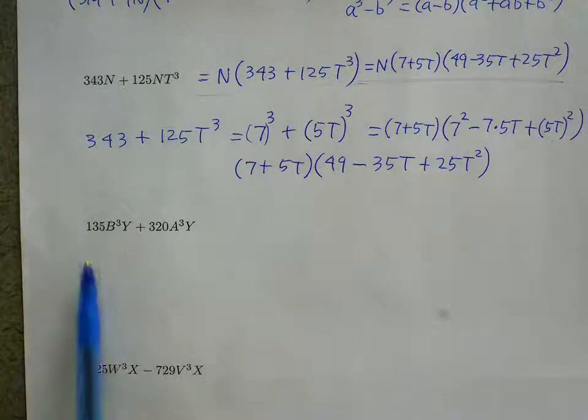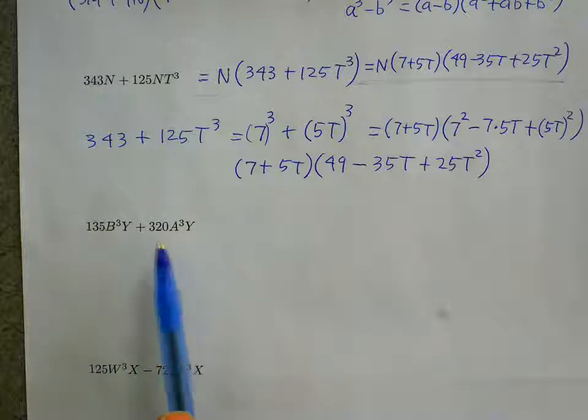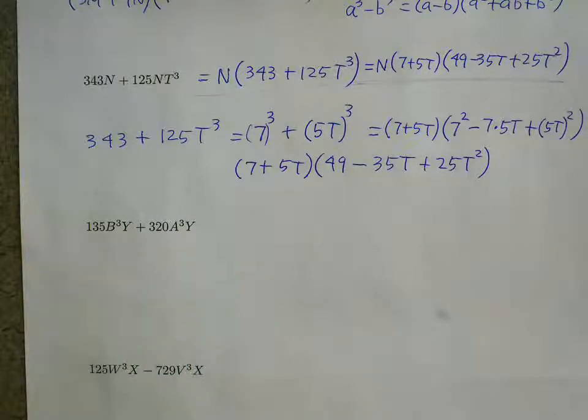Well, if we look at the numerical coefficients, 135 and 320, we know that 5 goes into each of those. 5 goes into 135 27 times, and 5 goes into 320 64 times.